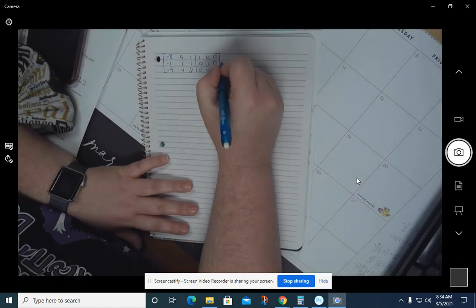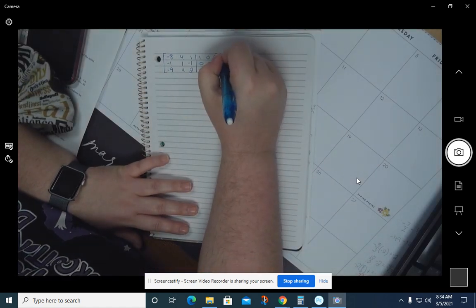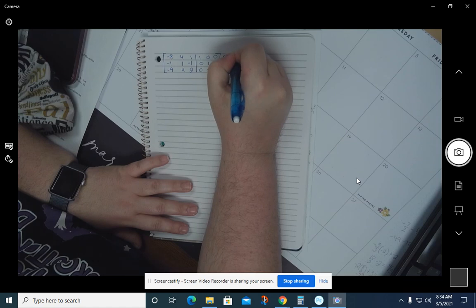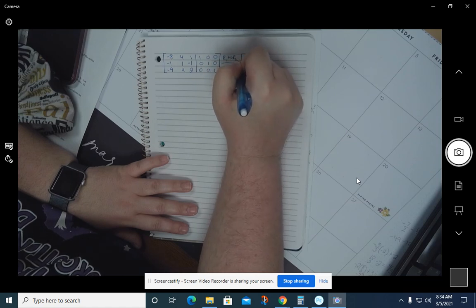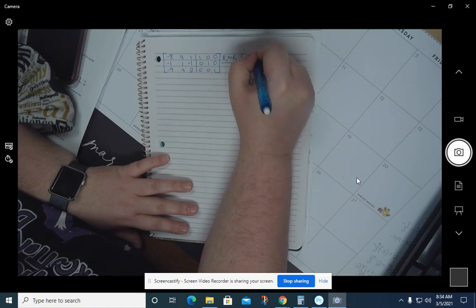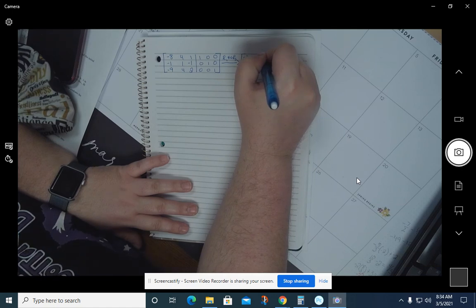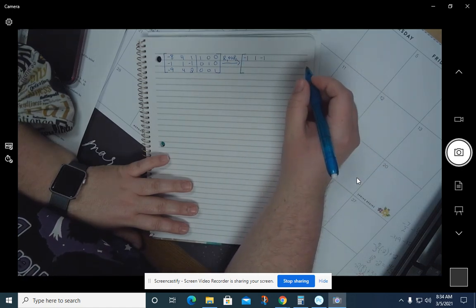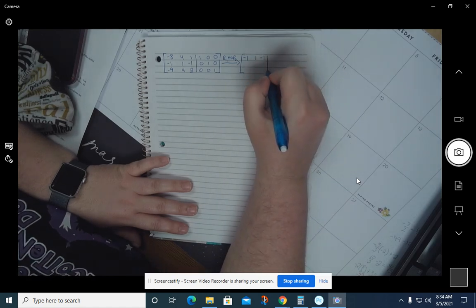We'll use this one. So the first thing I'm going to do is switch rows 1 and 2. That gives me -1, 1. We put what we have on the left, and then we put that 1, 0, 0, 0 on the right.